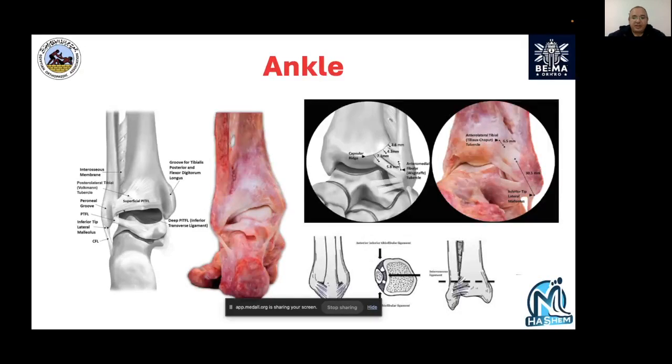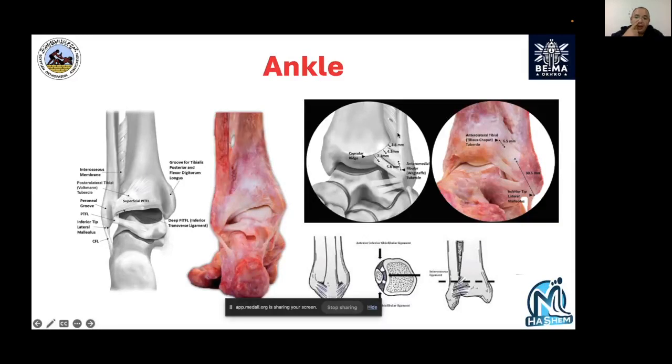And if we start to look at the ankle as a ligamentous structure, regarding the syndesmosis, the first joint, the syndesmosis is maintained by ligaments. So the anterior inferior tibiofibular ligament, or AITFL, the posterior inferior tibiofibular ligament, the interosseous ligament, and the interosseous membrane.